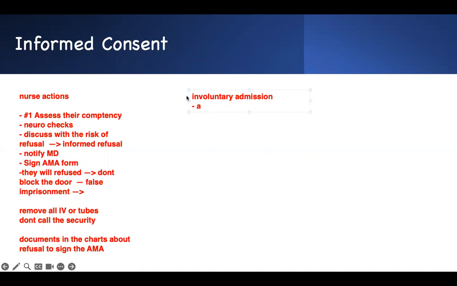These people are admitted due to self-harm. They want to harm themselves. They're trying to commit suicide or harm somebody else, so homicidal, or lack of self-care, like a schizophrenic patient with catatonic symptoms who can't do anything. So you have to keep them. We have to admit them to the hospital and take care of them.